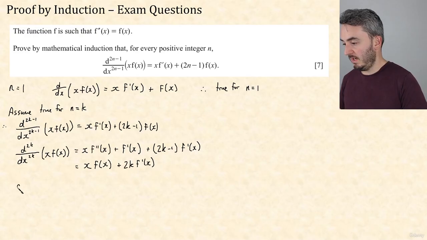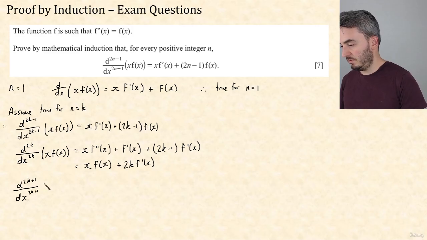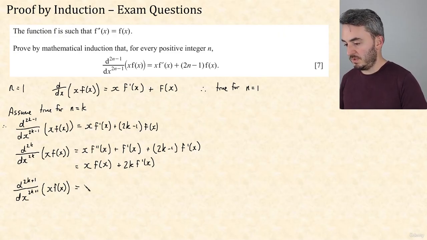Now I can differentiate again. So this is getting me the term I really want, that d2k plus 1 by dx to the 2k plus 1 of my original x f of x. Product rule, uv, so u v dash plus u dash, which is 1 v.